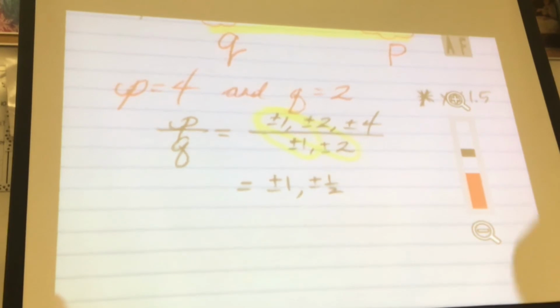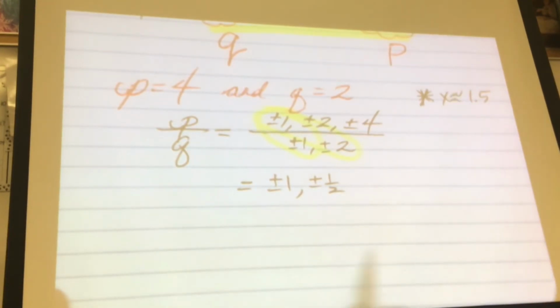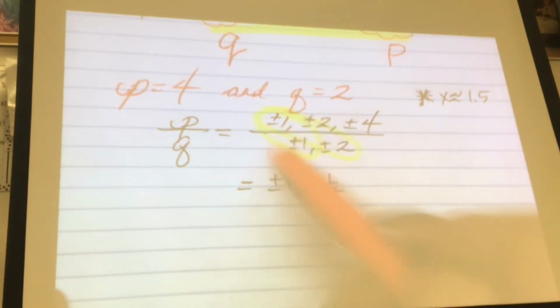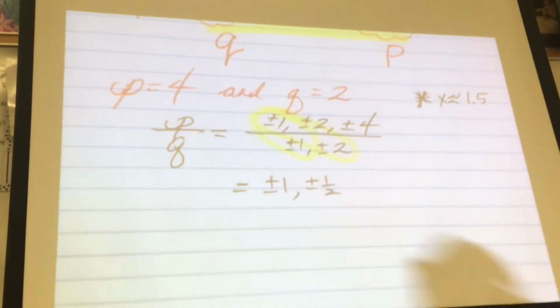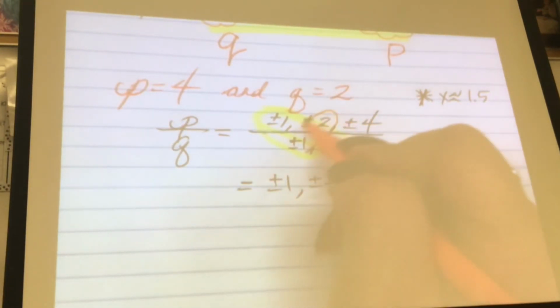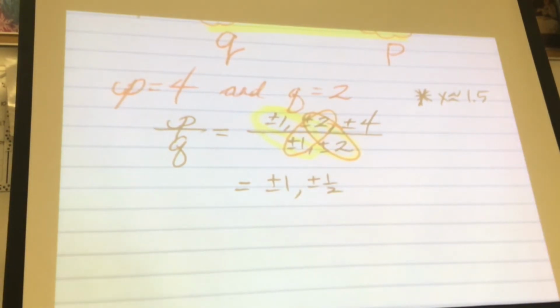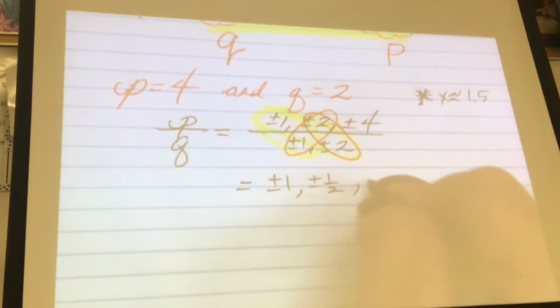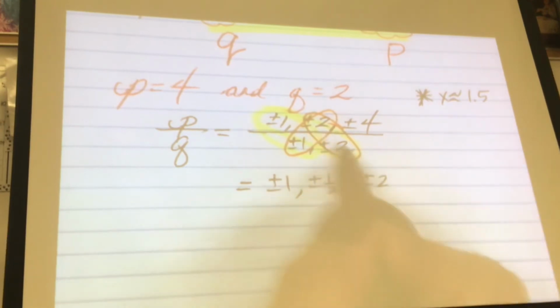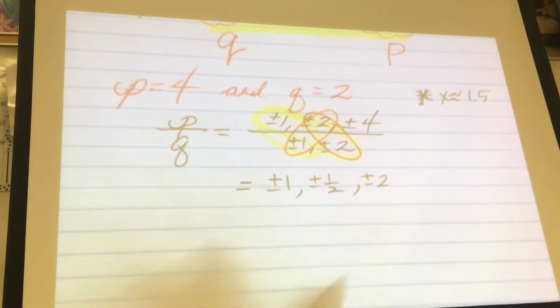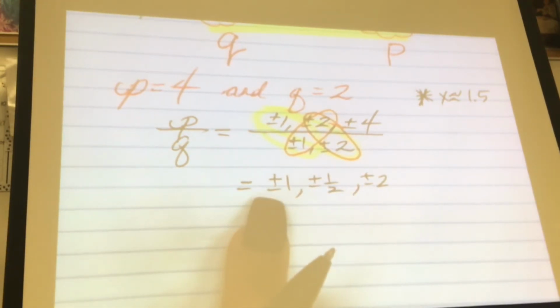Okay, that's the ones. Now let's do 2 divided by 1 and 2 divided by 2. Well, what's 2 divided by 1? Really, guys? 2 divided by 1 is plus or minus 2. And then what's 2 divided by 2? Well, don't we already have that? So we don't need to write that one.